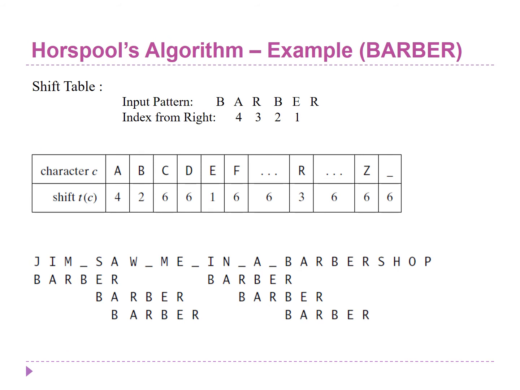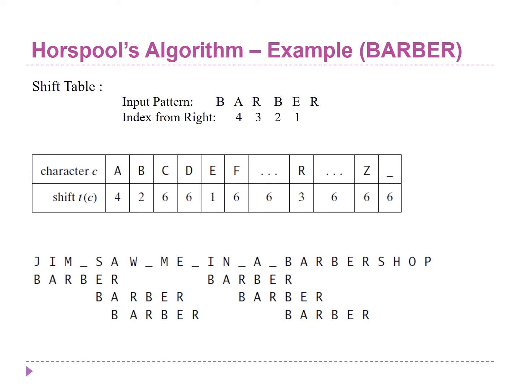Let us match the input pattern barber with the text Jim saw me in a barber shop using the Horspool string matching algorithm. The shift table is built for all possible characters that would occur in the input pattern.